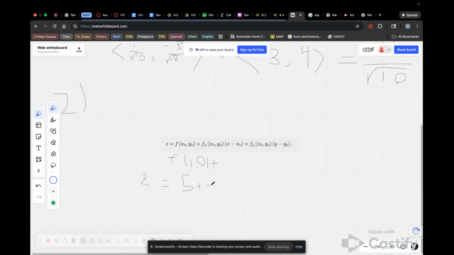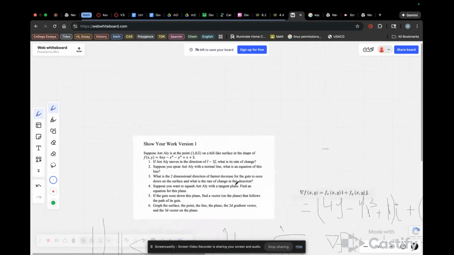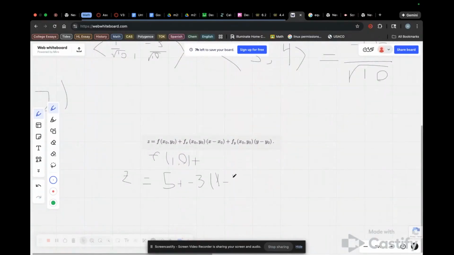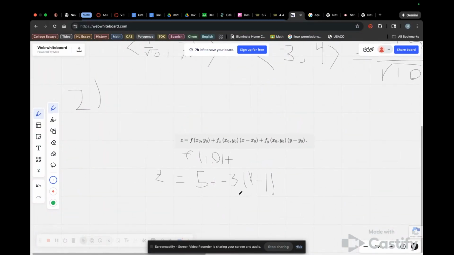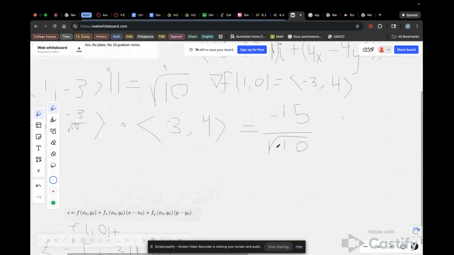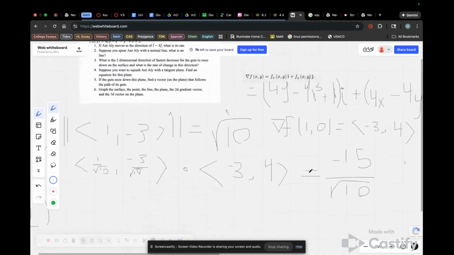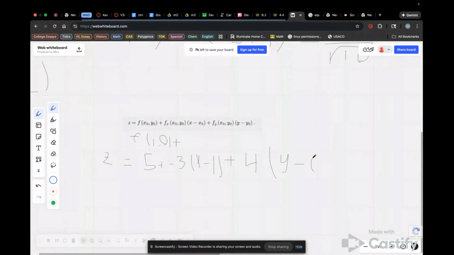And then we add -3 times (x minus x sub 0), and x sub 0 is just 1. Now the next part, the partial with respect to y, which we already did, got us 4 times (y minus y0), and y0 is just 0.